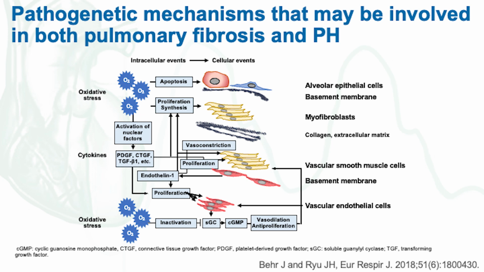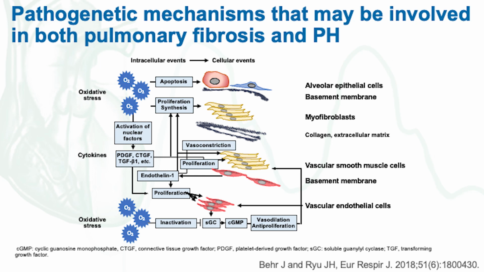And so we have these pathogenic mechanisms that are involved in both pulmonary fibrosis and pulmonary hypertension. It's logical that over the years, investigators have tried to expand the use of our therapies. Not only have they used the ERAs to look for treatment for PH-ILD, but they've looked at it for treatment for ILD, because you have similar things.